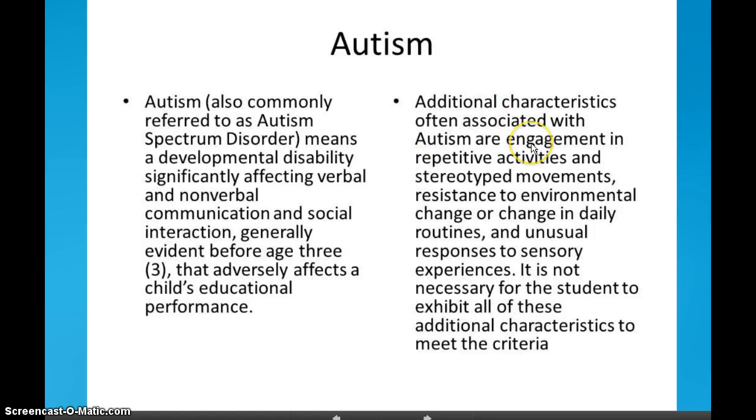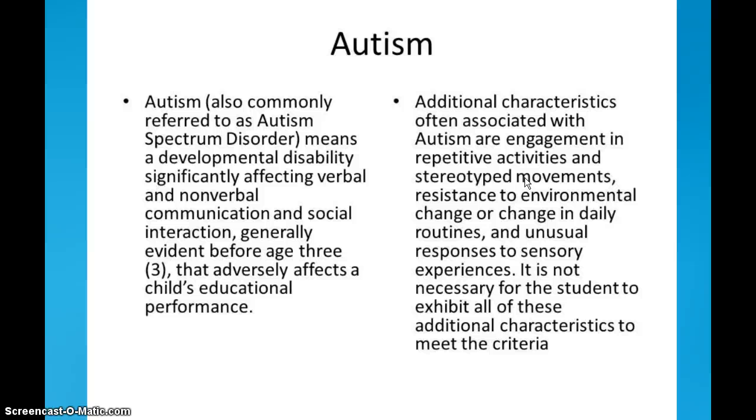Some other characteristics are engagement in repetitive activities, stereotype movements, that's like hand flapping and spinning and twirling, resistance to environmental change or change in daily routine. They're not just resistant, they absolutely go wild if their routine is interrupted. Unusual responses to sensory experiences.